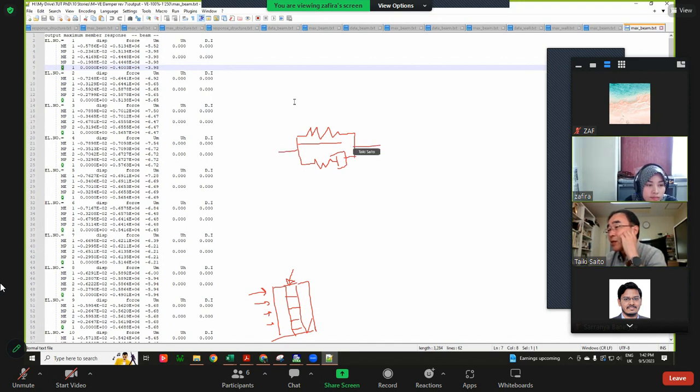In the static case, the dashpot is 0, so only its small stiffness contributes to resisting the shear force. So this value is actually very small compared to other cases.